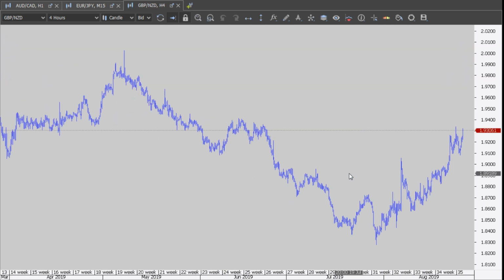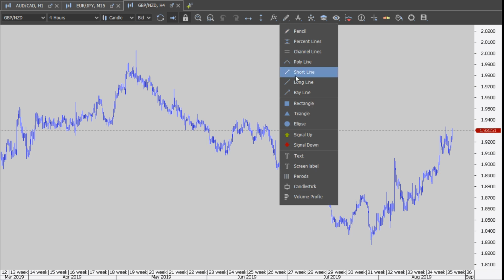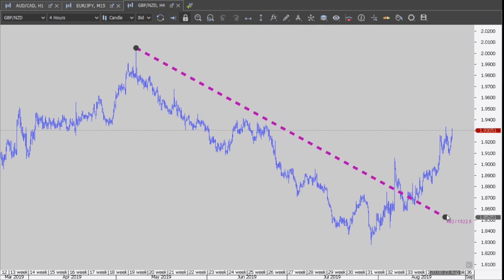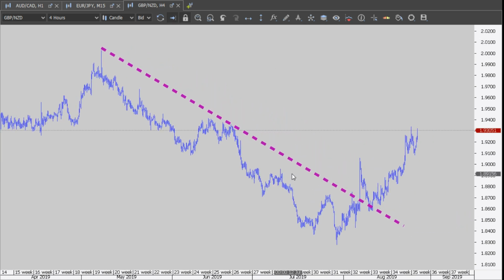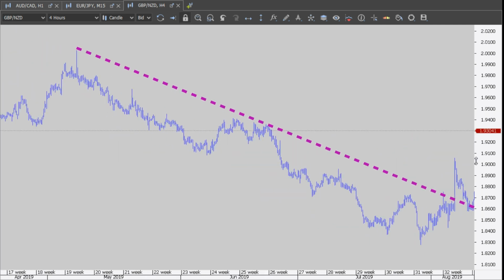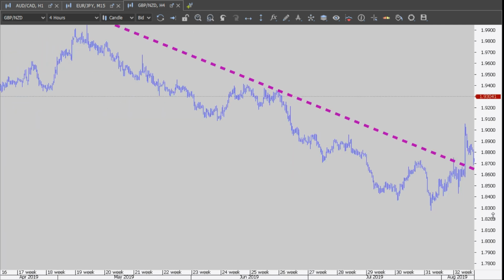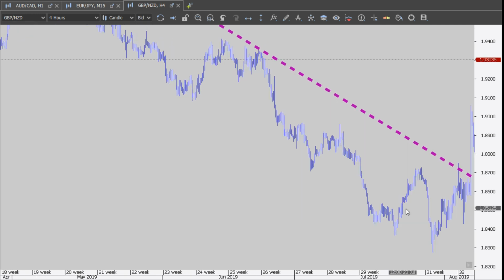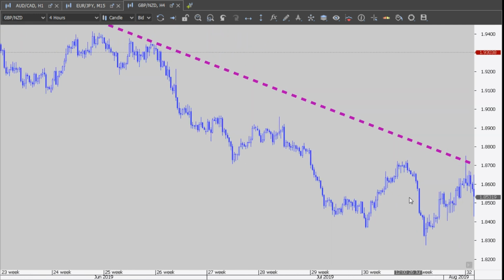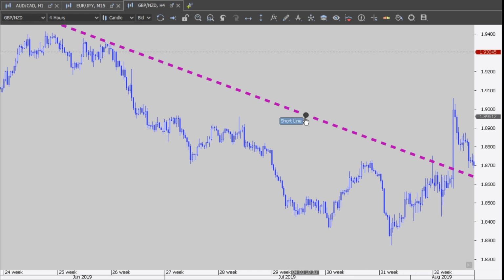Okay, now we were in a downtrend, right? And the market changed its direction from making lower lows, lower highs to making higher highs, higher lows. Okay, there you go. And we don't have the crystal ball, right? Okay, and we are here right now.